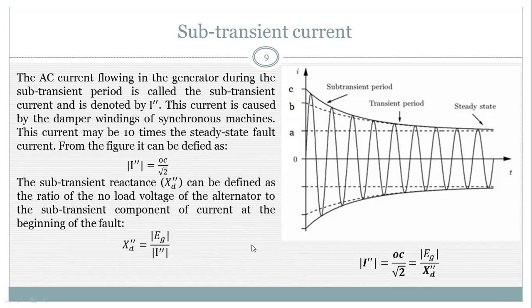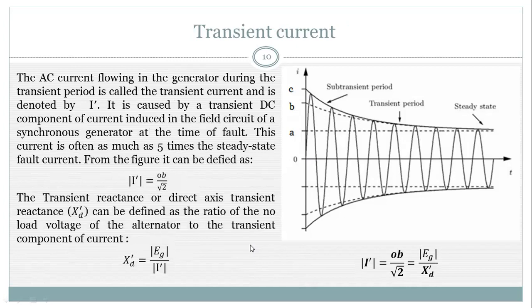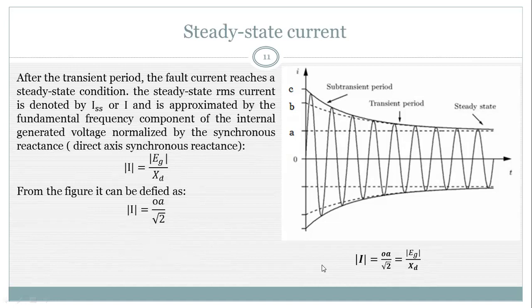If we want to calculate the transient current, that should be OB divided by root 3, where OB is the second highest peak, and the root 2 is for calculating the RMS value. XD prime is the transient reactance, and finally XD is the steady state reactance, and the steady state current is EG divided by XD.